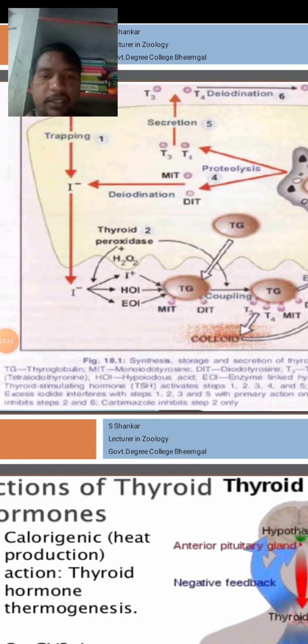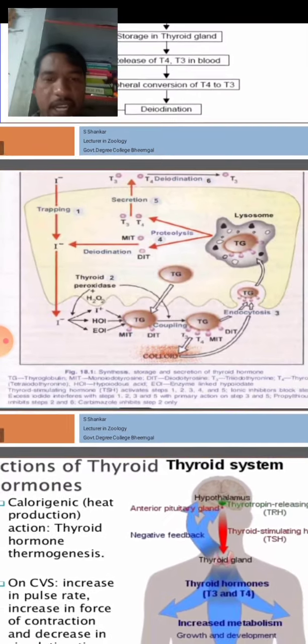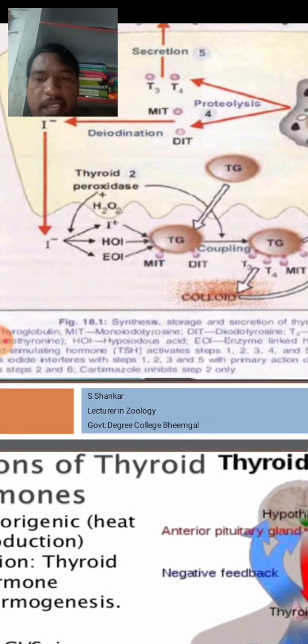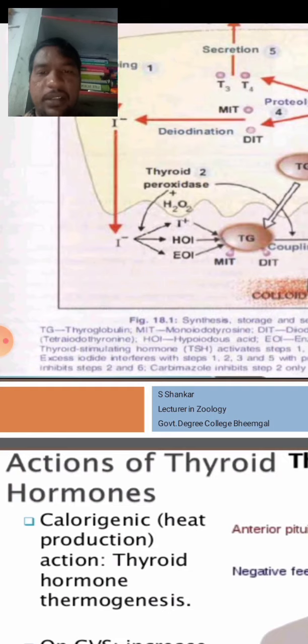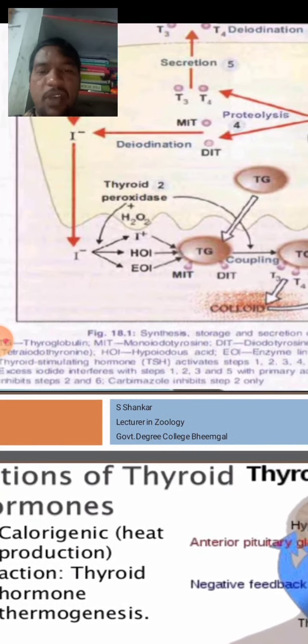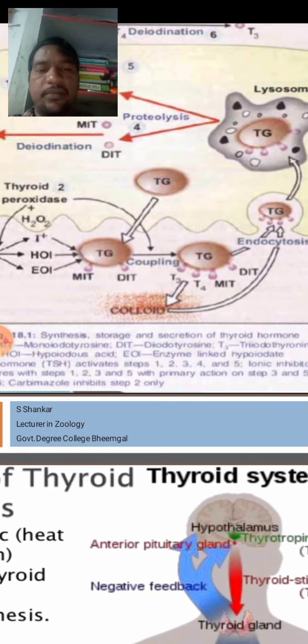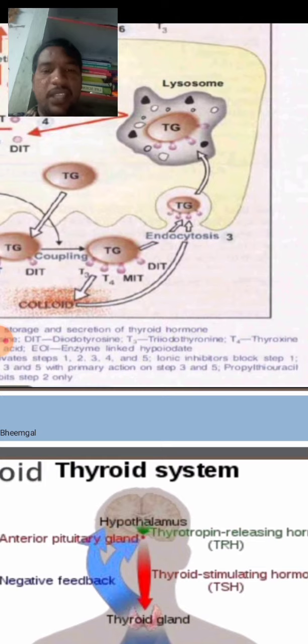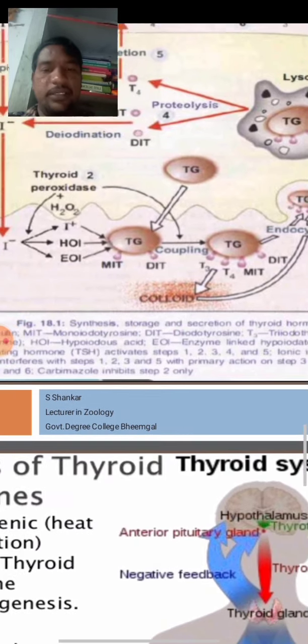Synthesis, storage and secretion of thyroid hormones. Target cell, thyroglobulin, TG, MIT, monoiodotyrosine, DIT, diiodotyrosine, T3, triiodothyronine, T4, tetraiodothyronine or thyroxine.